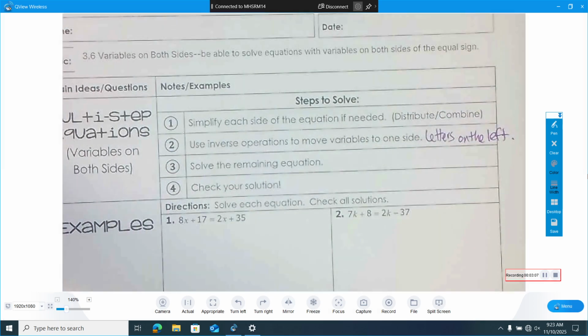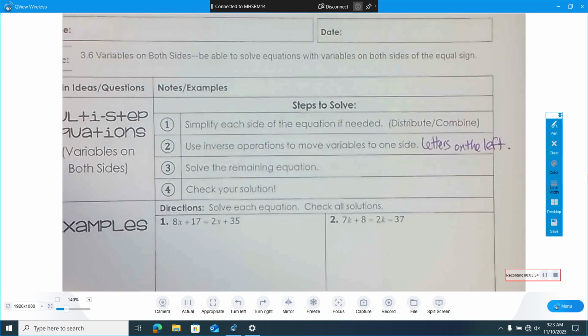That is the phrase that I'm going to use today. We want to take all the X's and move them to the left-hand side. That's what we are going to do in this class. And then we can go ahead and move the numbers to the other side and solve. Once we get all the letters to the left, everything will be just like before.